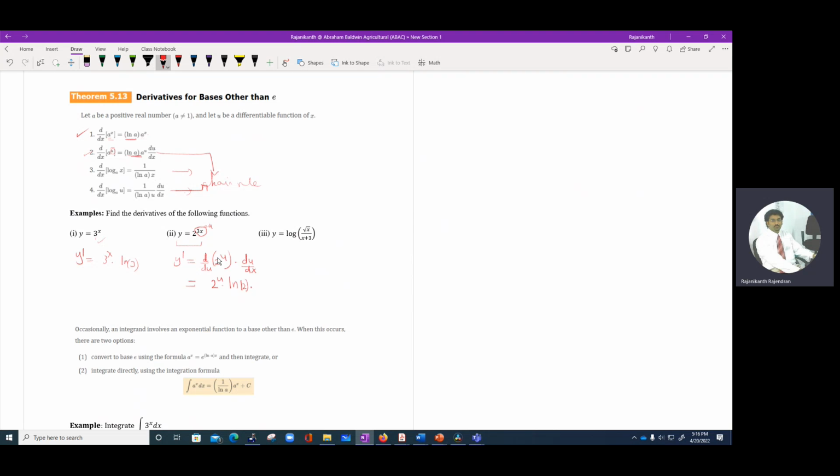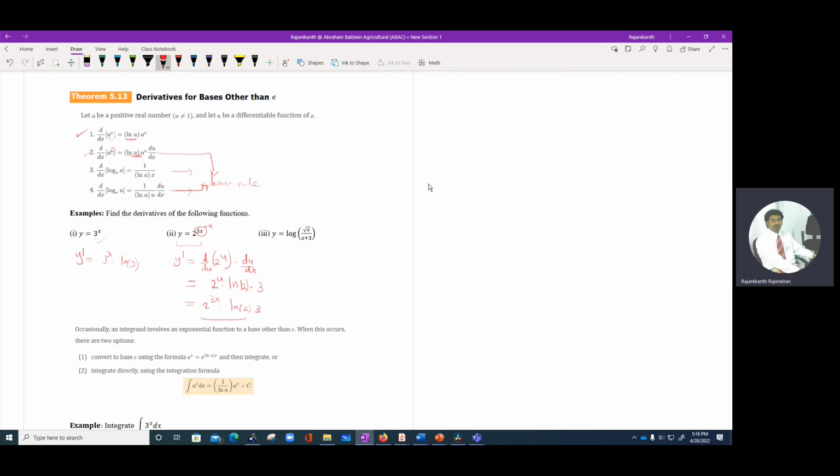Then for the inside function, I know u is 3x, so the derivative of 3x is simply 3, right? So our answer is 2 to the power u, where u was 3x, so 2 to the power 3x times ln 2 times 3. Remember, when you do the problem with variable x, you have to get back to that variable x when you use substitution, right? You have to go back and plug in the values. Okay, so this is by the chain rule.